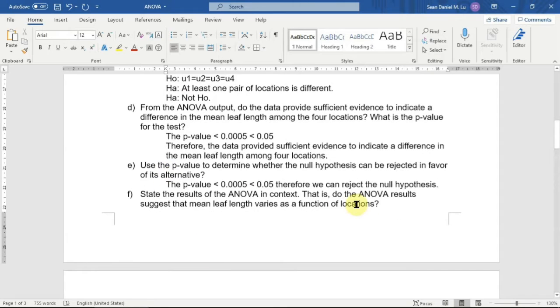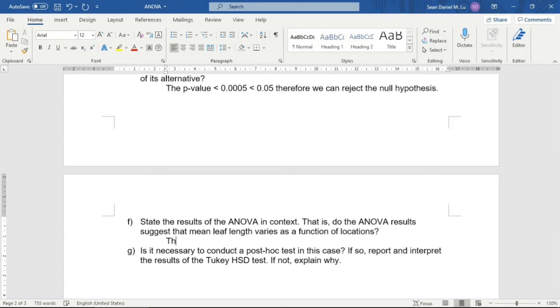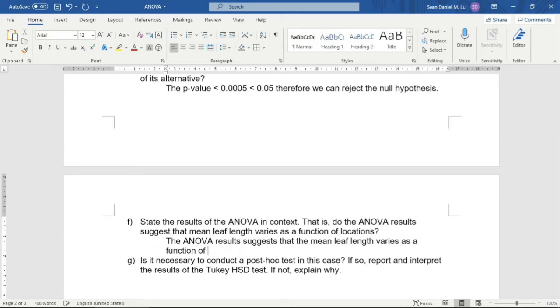State the results of ANOVA in context, that is, do the ANOVA results suggest that mean length varies as a function of location? Yes, the ANOVA results suggest that the mean leaf length varies as a function of locations.